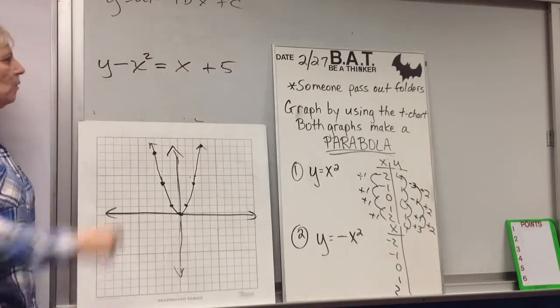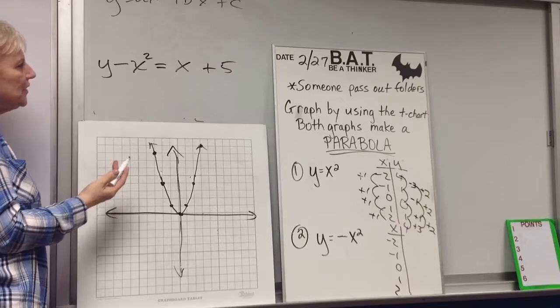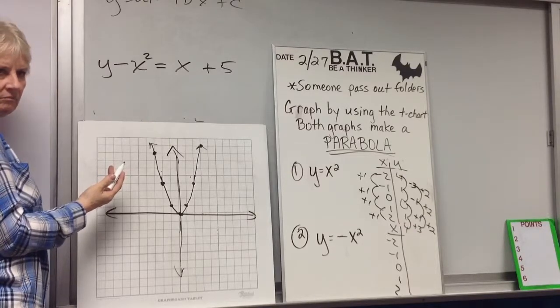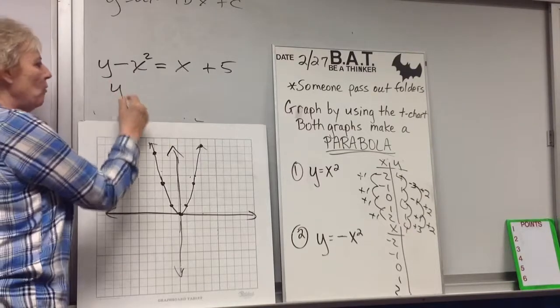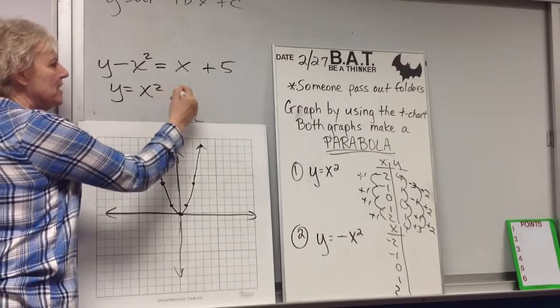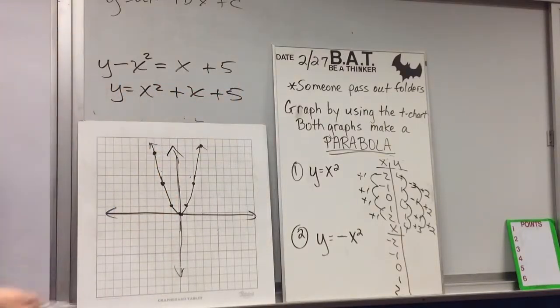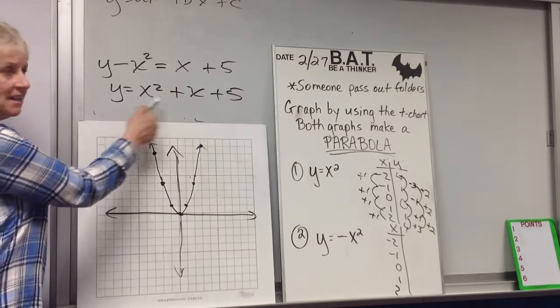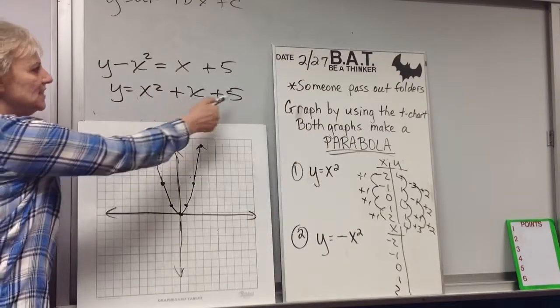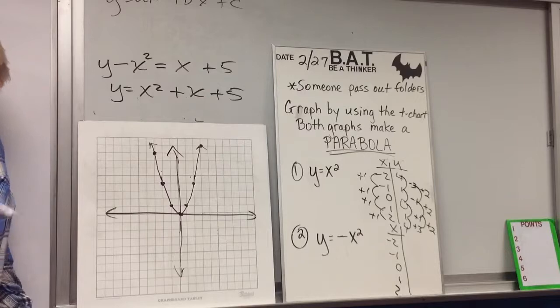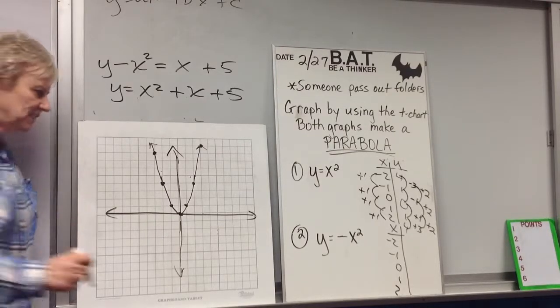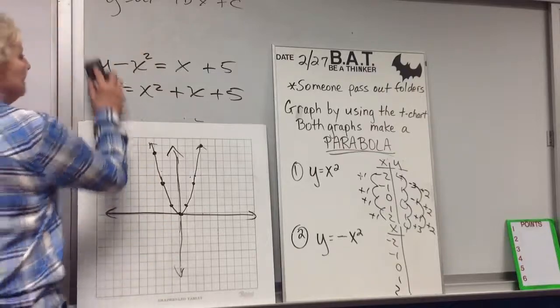All right? We want y by itself. What should I do? Add x squared. Y equals x squared plus x plus 5. That's quadratic. A is 1. B is 1. C is 5. The ABC will come into play in a couple of days. You need to know A, B, and C. All right?